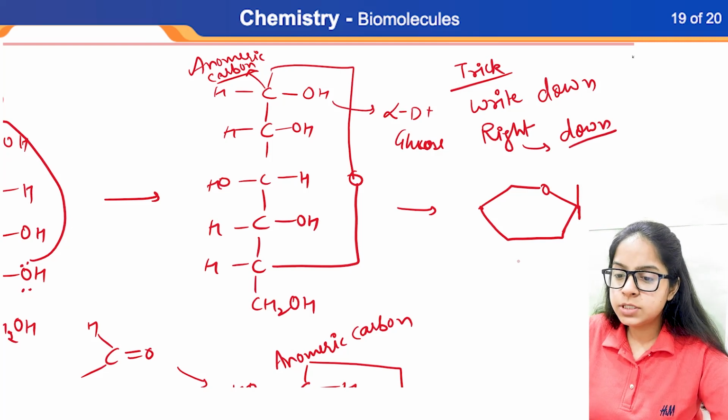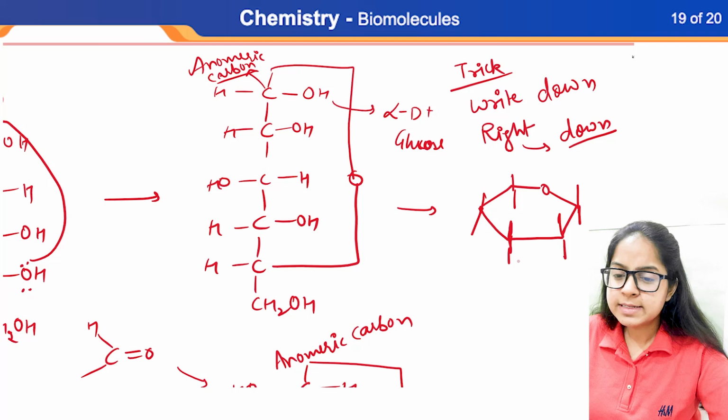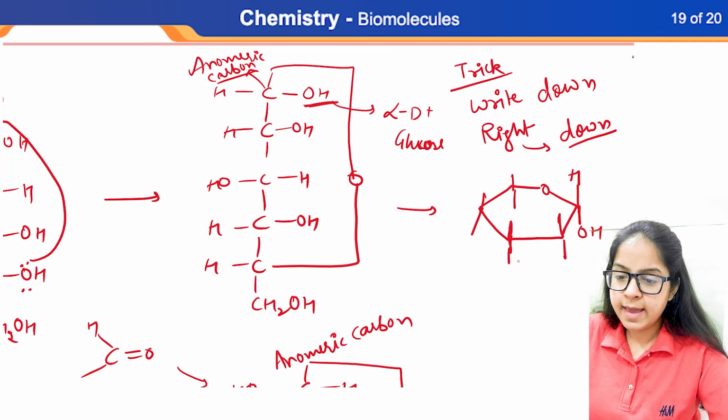So this is the up position, this one is the down. Up, down, up, down. Before I start, you need to put the OH and H on this. So OH is on the right side, OH you need to put here.